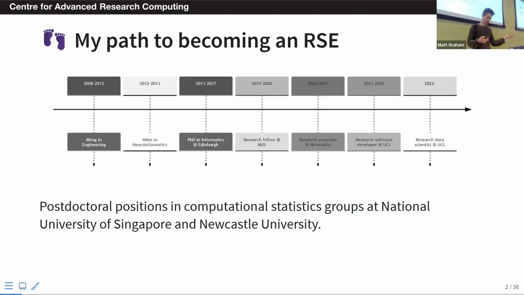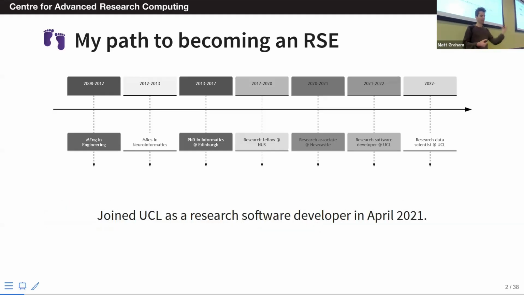I originally moved over to Singapore, spent a couple of years there before, at the time, what I thought would be an interesting placement came up, joint between the Alan Turing Institute and Newcastle University, due to start in March 2020. So then I moved back to the UK right at the beginning of the pandemic, which wasn't fantastic timing. I spent a year at the Alan Turing Institute and Newcastle, but actually never went physically into the office during that time or met any of my colleagues.